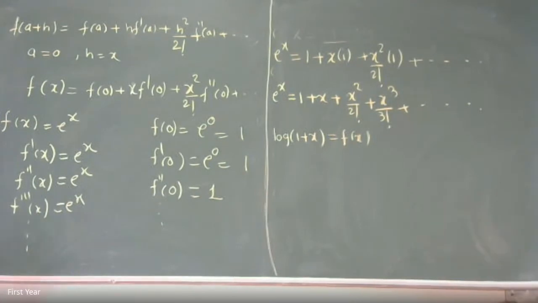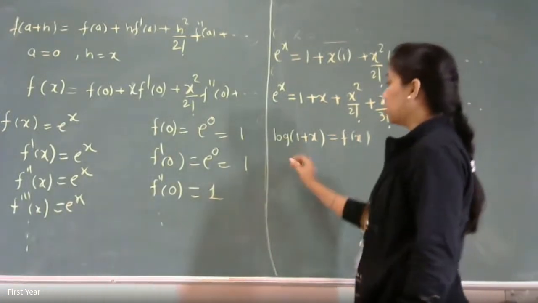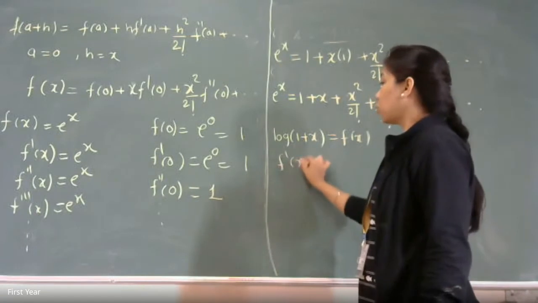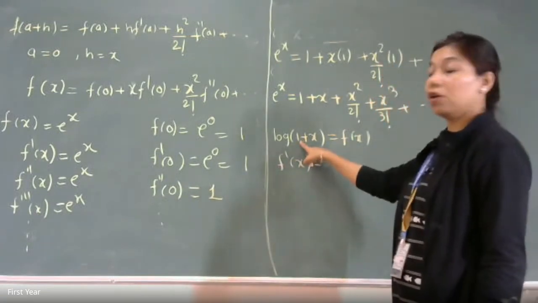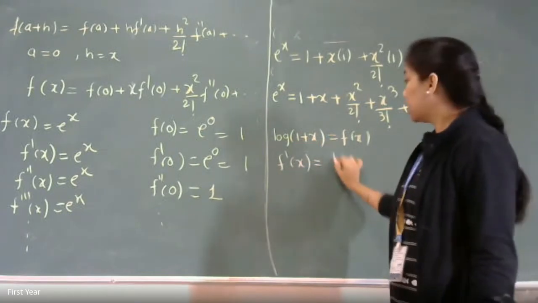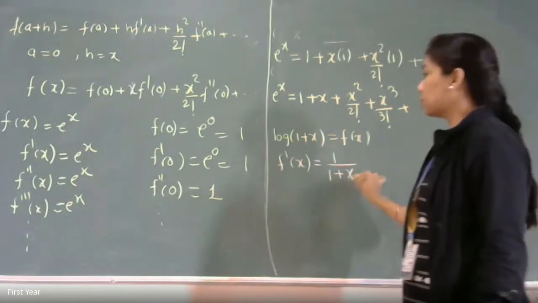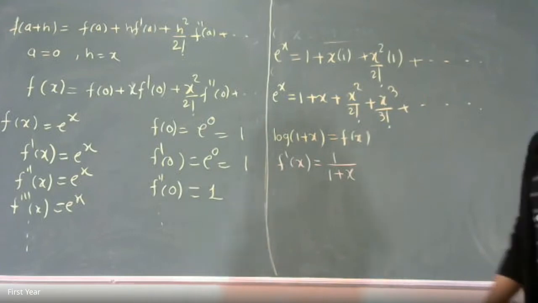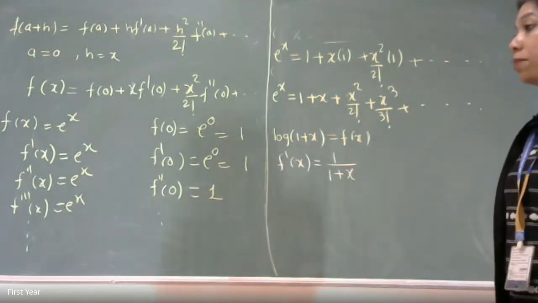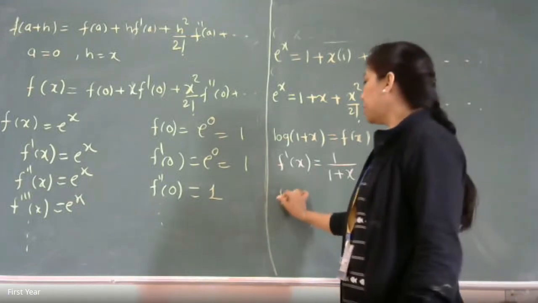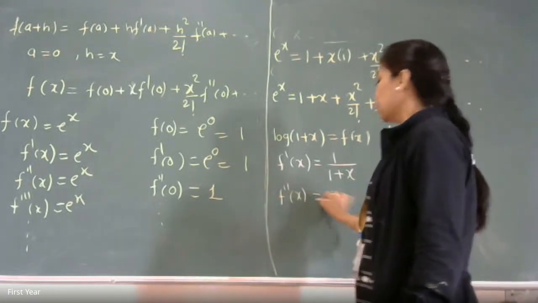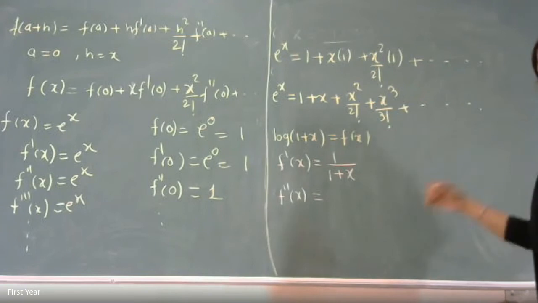So you know what is f of x? Is this. So find f dash of x. What is f dash of x? Derivative of log of 1 plus x, that is 1 over 1 plus x. And f double dash of x is the derivative of 1 upon 1 plus x one more time.